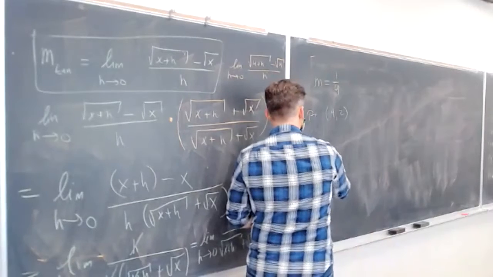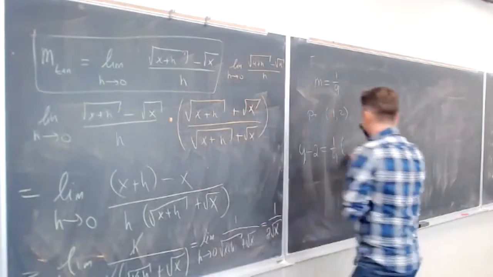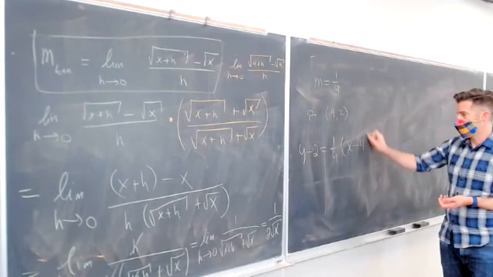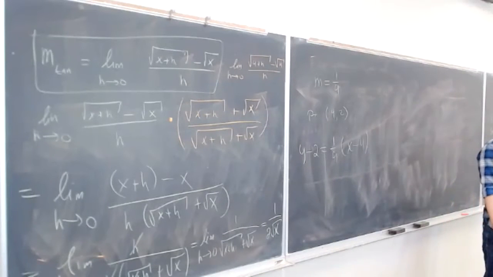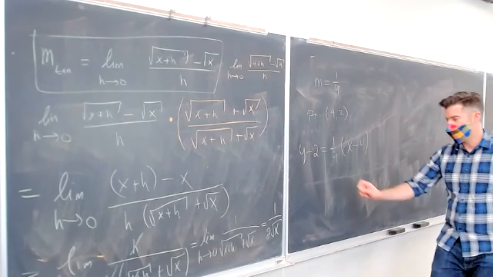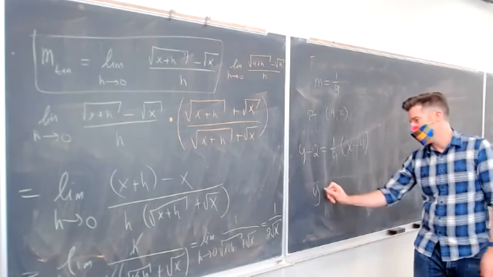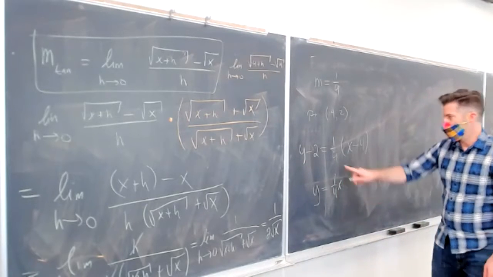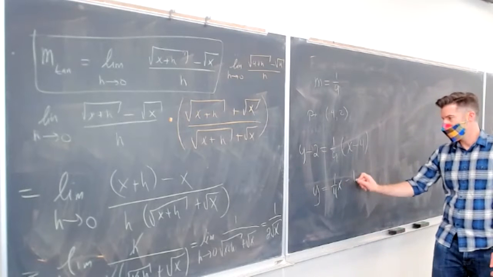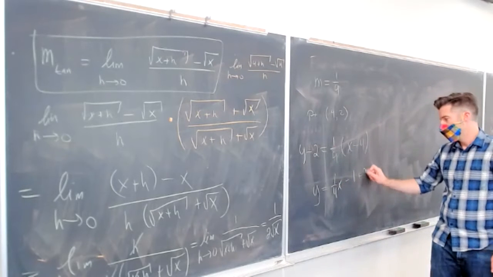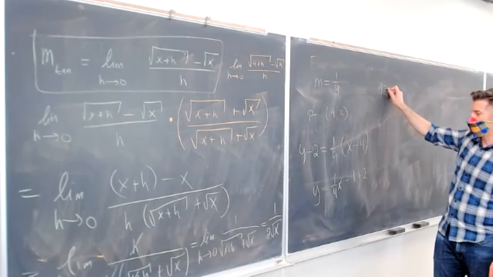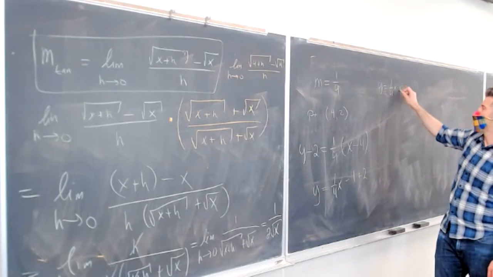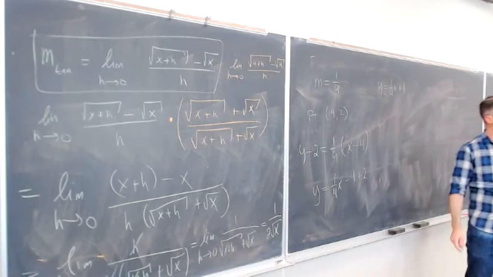It's y minus the y coordinate equals the slope times x minus the x coordinate. And I would just leave it like that personally because I'm lazy. But if you actually want to write it just in terms of y, you have y equal to 1/4 x, and then 1/4 times negative 4 is negative 1, and we add 2, and so we get y equal to 1/4 x plus 1. That'd be the equation of the tangent line.